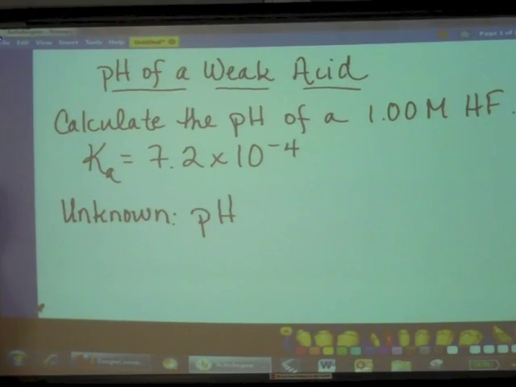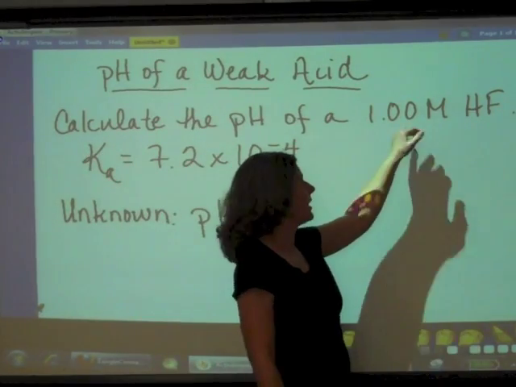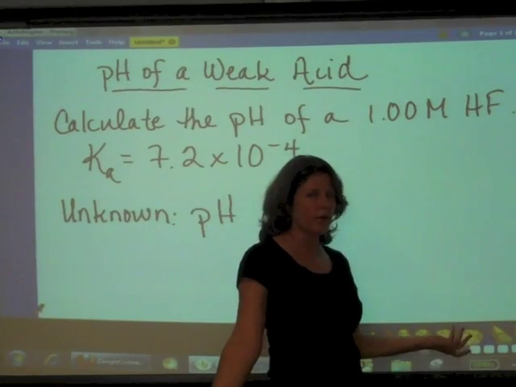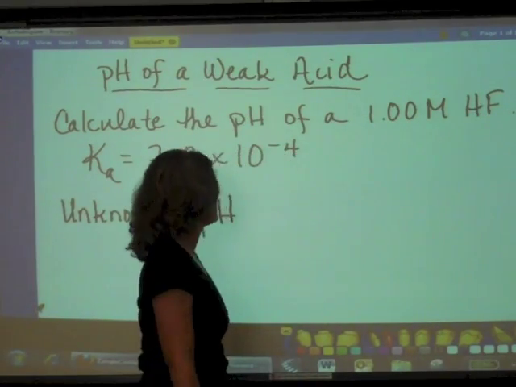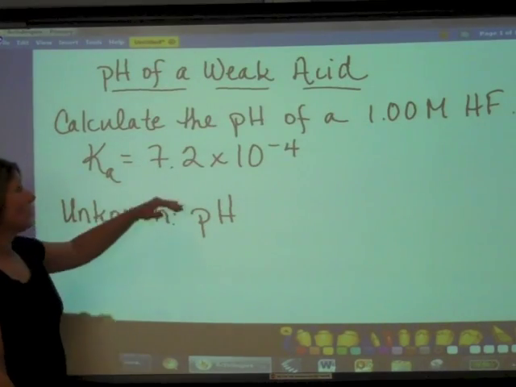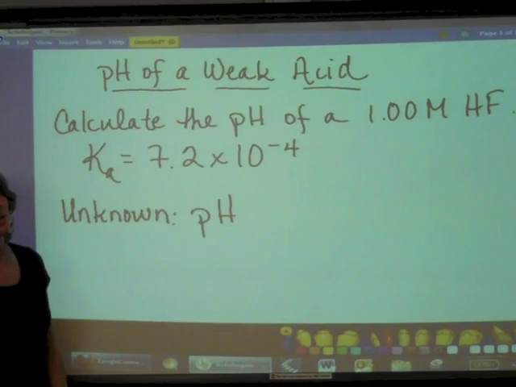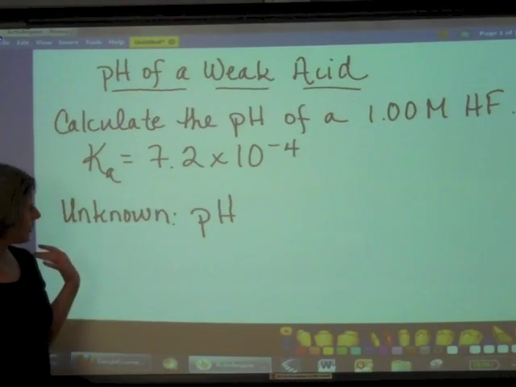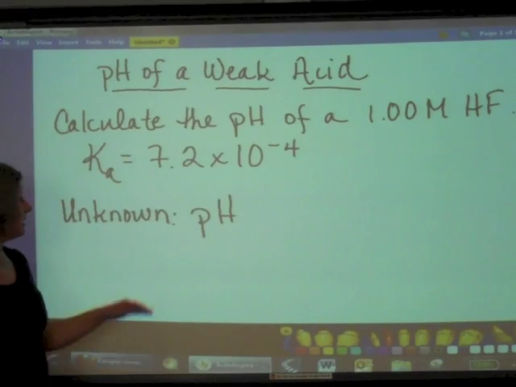This isn't a straightforward problem because this thing doesn't completely dissociate. So we can't take the negative log of 1.0 and find the pH of this acid solution because according to this Ka, there's not very much of it dissociated. And so what we're going to need to do here is figure out how much of it is dissociated based upon this Ka.